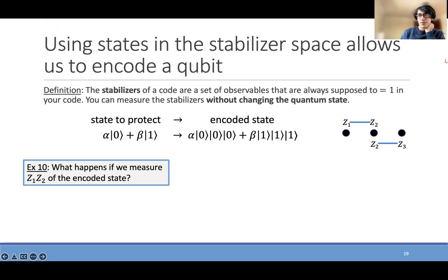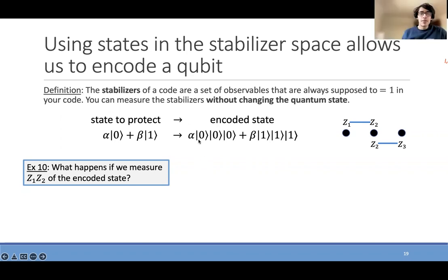And anyone is allowed to answer. Alpha plus beta. What do you mean alpha plus beta? If we measure in Z1, Z2, then we get the scalar quantity alpha plus beta.